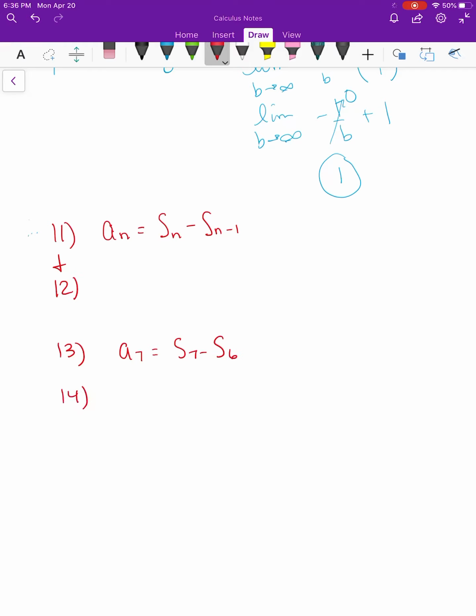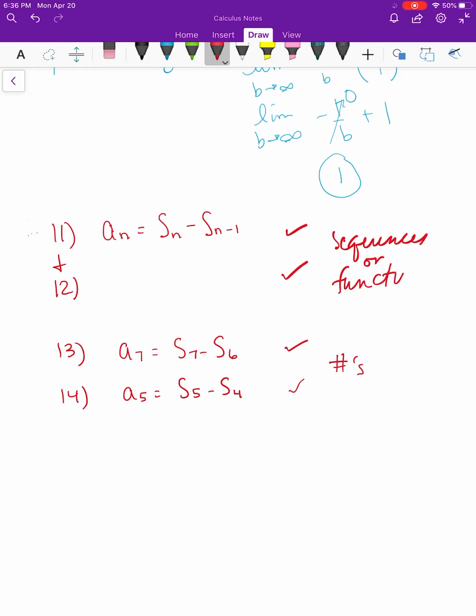And to find s sub n minus 1, you're just going to put an n minus 1 in. And I think we did those in the notes. Number 13, if you want to find a sub 7, you can take s sub 7 minus s sub 6. On number 14, if you want to find a sub 5, you can take s sub 5 minus s sub 4. Okay, so you should be able to do those.